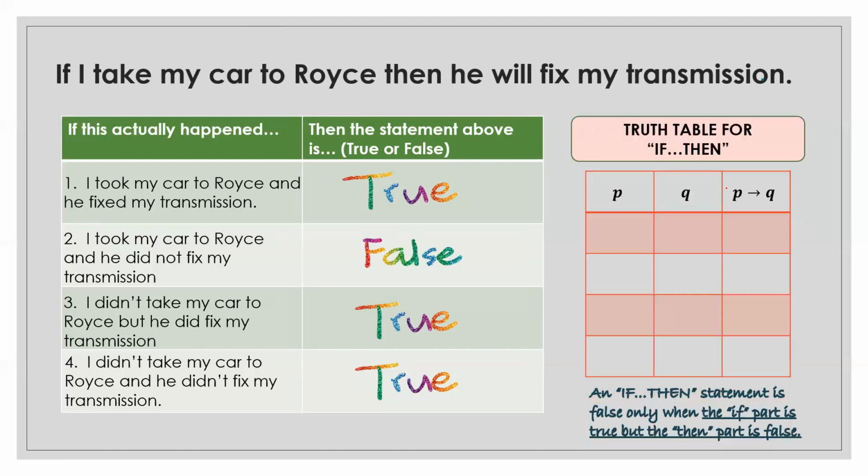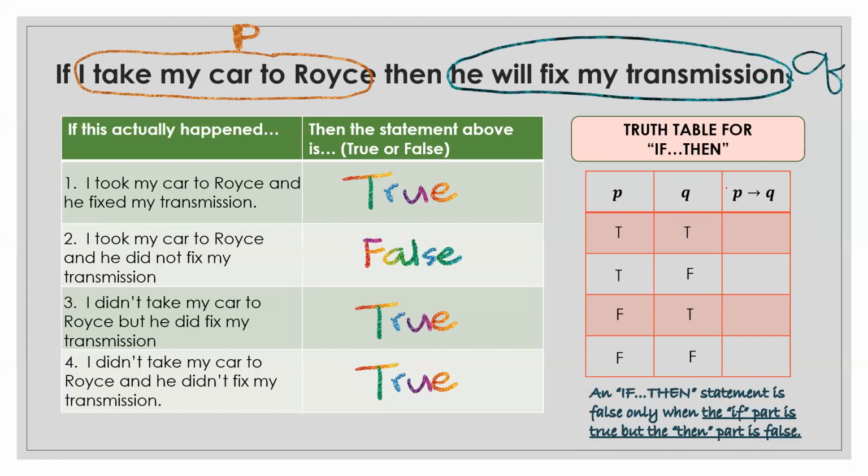So here we have P and Q. So we say true, true, true, false, false, true, false, false. If true, then true, the compound statement, if P then Q, is true.